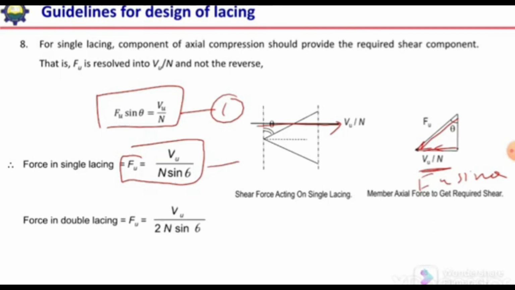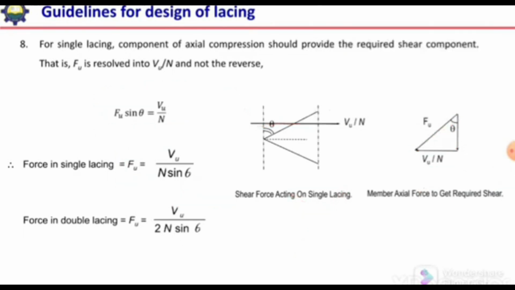So this is for single lacing, and if we have double lacing at any face, in that case we need to divide this by 2, because the shear force of this lacing will be resisted by the 2 elements. So for the double lacing it will become Vu over 2 times N sine of theta, and N is again the number of faces.